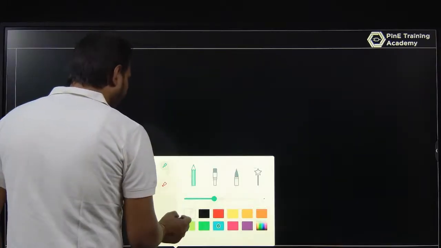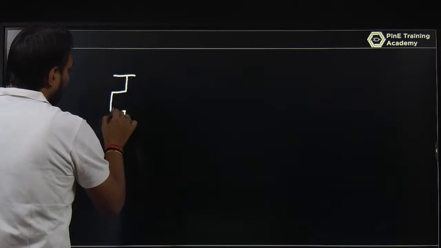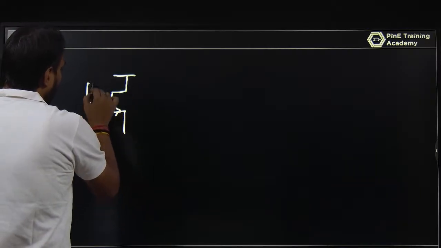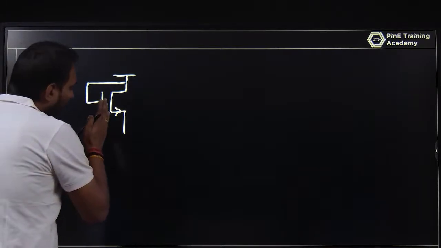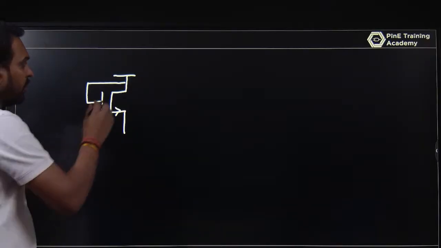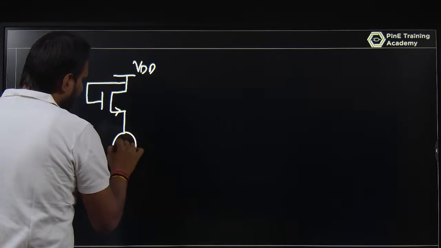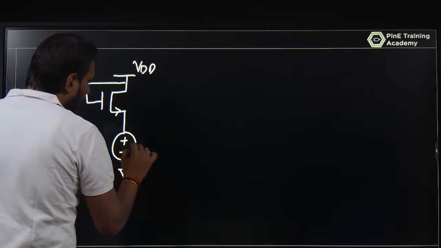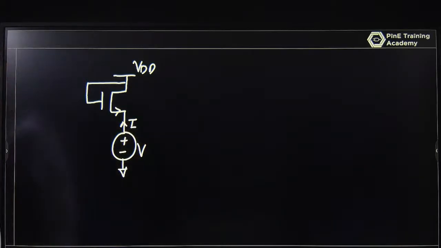So let's talk about the diode-connected load. This is an NMOS and I am connecting it in such a way. If I go for a small signal model of that MOSFET, I put a voltage V here and find the current I. So what is the impedance of that?